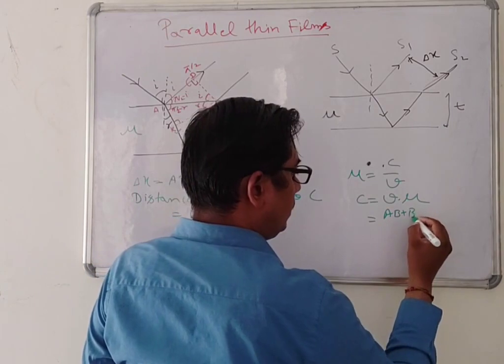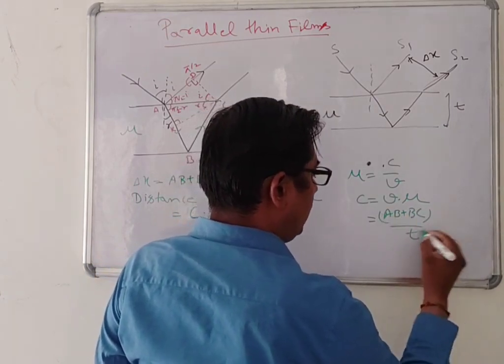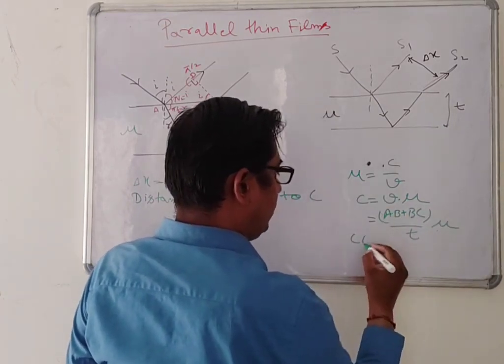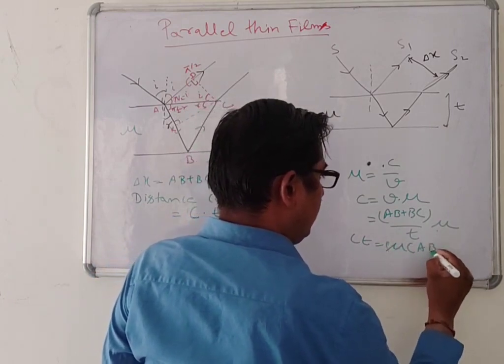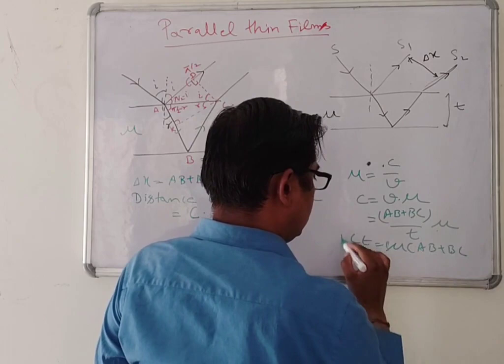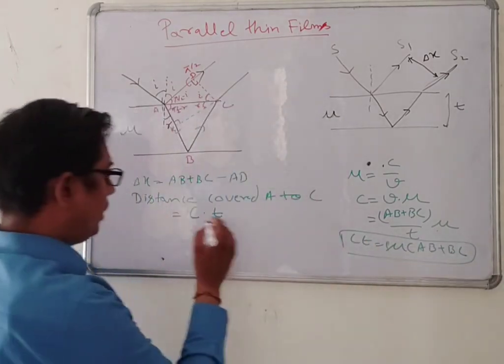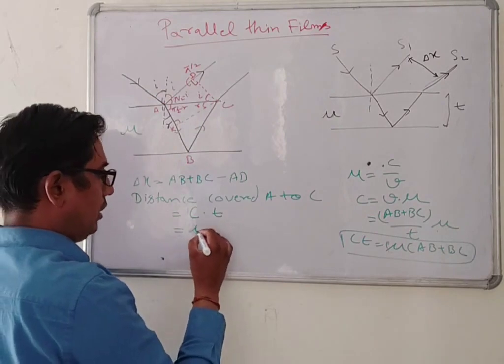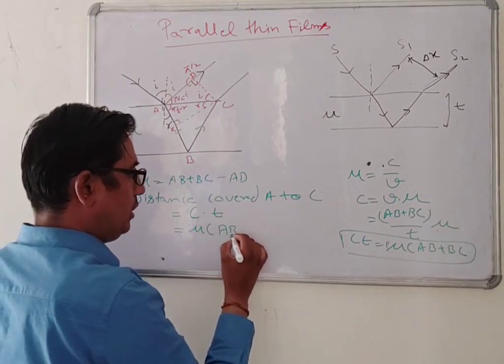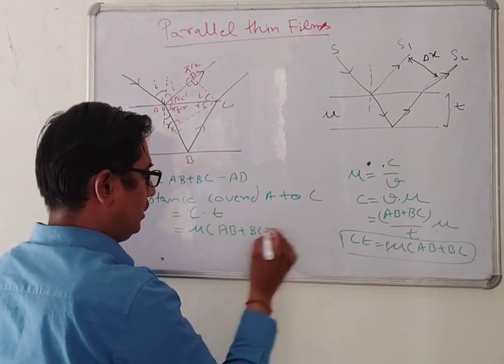So (AB plus BC) upon t is equal to c upon mu. Now ct is equal to mu times (AB plus BC). This is the distance covered from A to C: mu (AB plus BC).